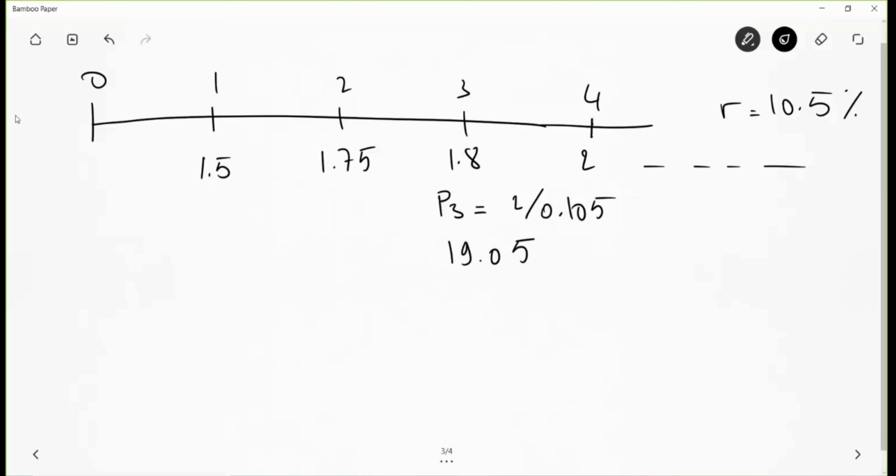So this is the price P3. Now for the third step, I identify the cash flows that I have. For the first year, I have 1.5. The second year, I have 1.75. And finally, for the third year, I have 19.05 plus 1.8.